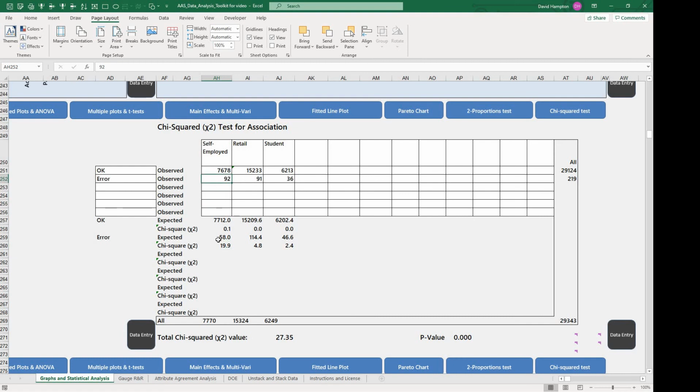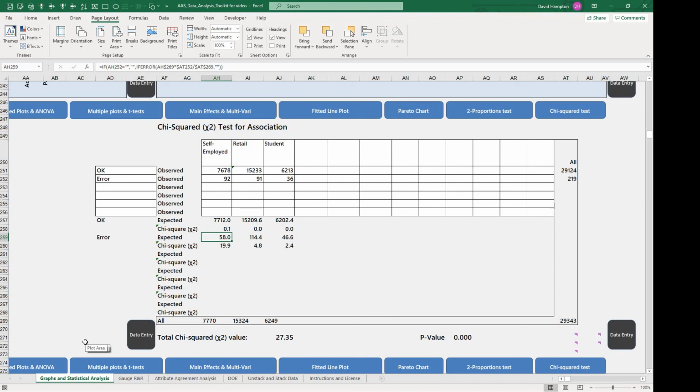We had 92 errors, and we would expect 58 if the error rate was truly the same between all three account types. So now we have statistically proved that there's a problem specifically with the self-employed accounts being set up.